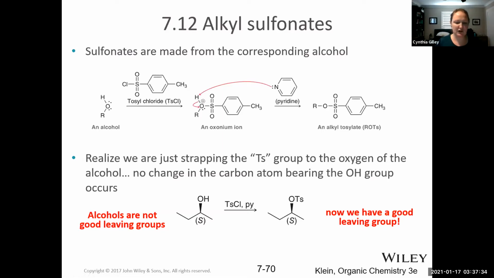If you want to make sure to get inversion, you would need to do an SN2 pathway and not an SN1 pathway. So in order to get a good leaving group, but make sure to do inversion, we have to go SN2, and the best way to do that is to form a tosylate and then treat with a strong nucleophile, which will exclusively undergo SN2 and give you an inverted product.